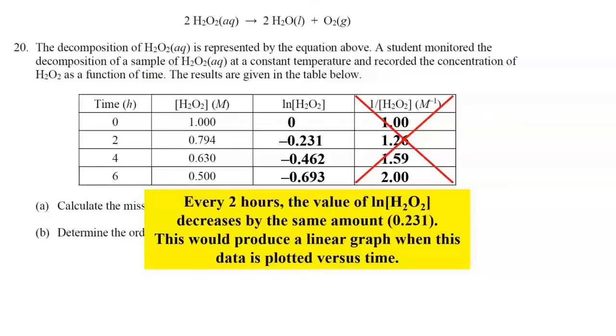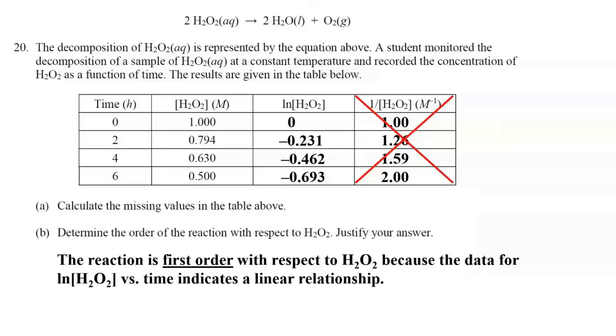That's going to give me a linear plot when this data is plotted versus time, because every 2 hours, the value of the natural log of the concentration decreases by the same amount. So I'm going to say in part B that I know it's first order with respect to H2O2 because the data for natural log of concentration versus time indicates a linear relationship.